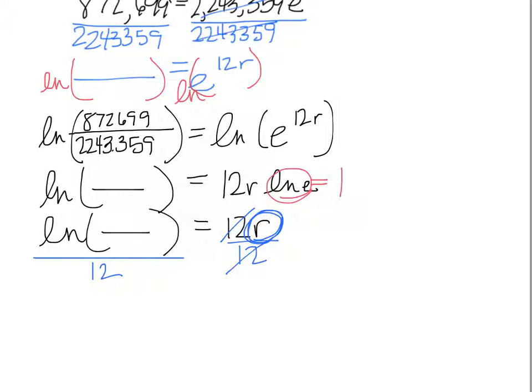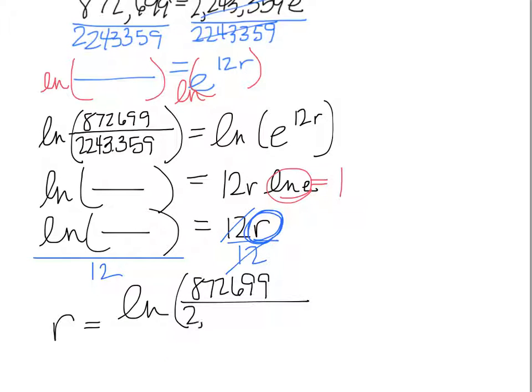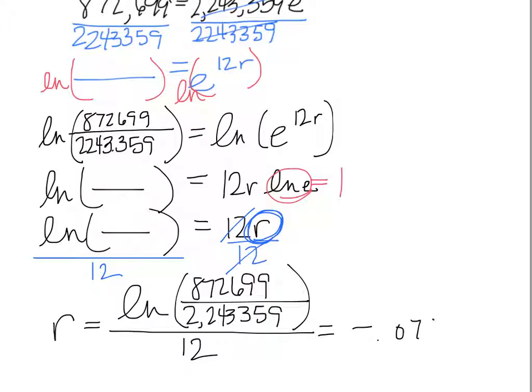So exactly r is equal to the ln of 872,699 divided by 2,243,359, divided by 12. Put that in your calculator, and guess what you get? Negative 0.0786, and it just keeps going. That decimal just keeps going.